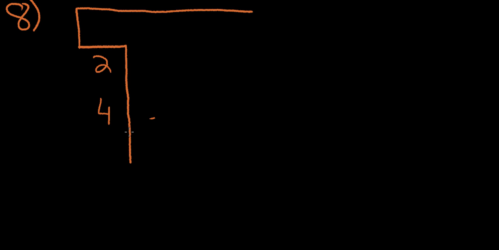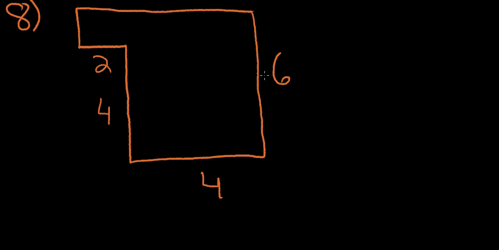Oh, my bad. This is 4. And this comes down in one big line. This is 6. 2, 4, 4, 6. Okay. And I forgot something. There we go. They're all 90-degree angles.